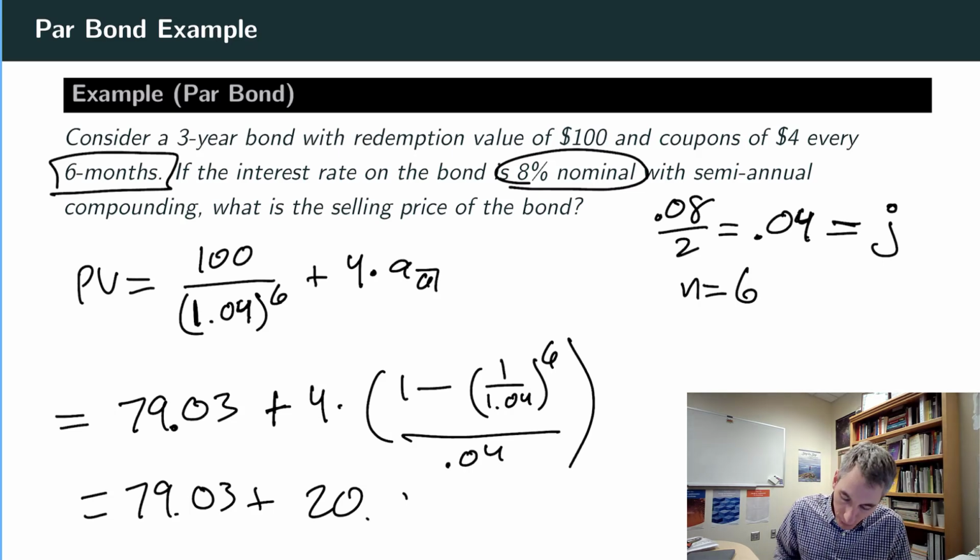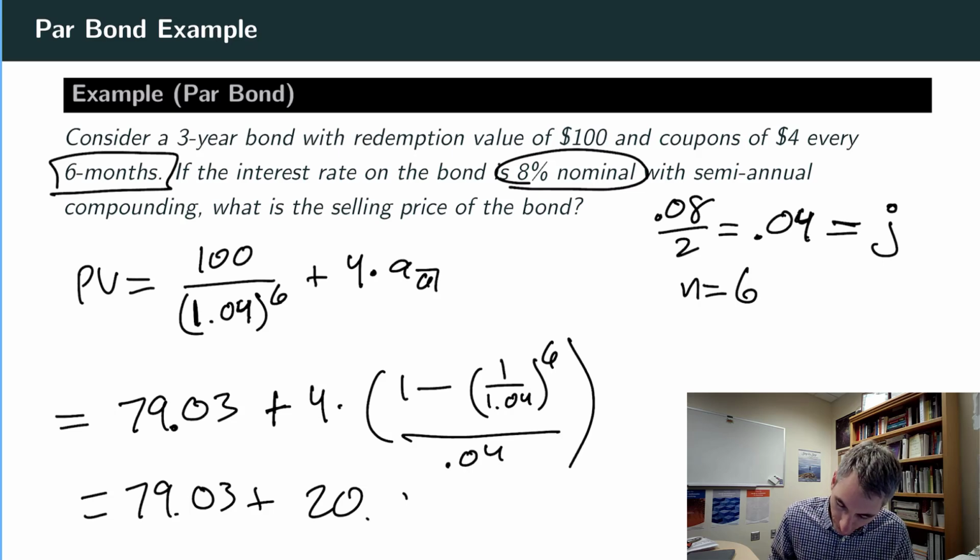And that is a huge deal. So when we say a par bond, it costs the same as its redemption value. And the reason for that is if the coupon rate, now check this out, what is r, the coupon rate? Well, 100 times r should equal the coupons, which are $4.